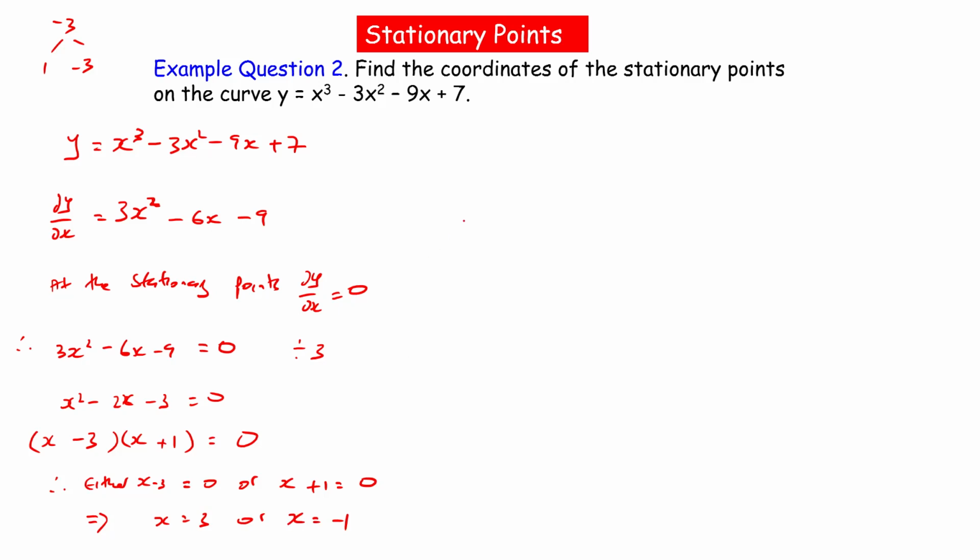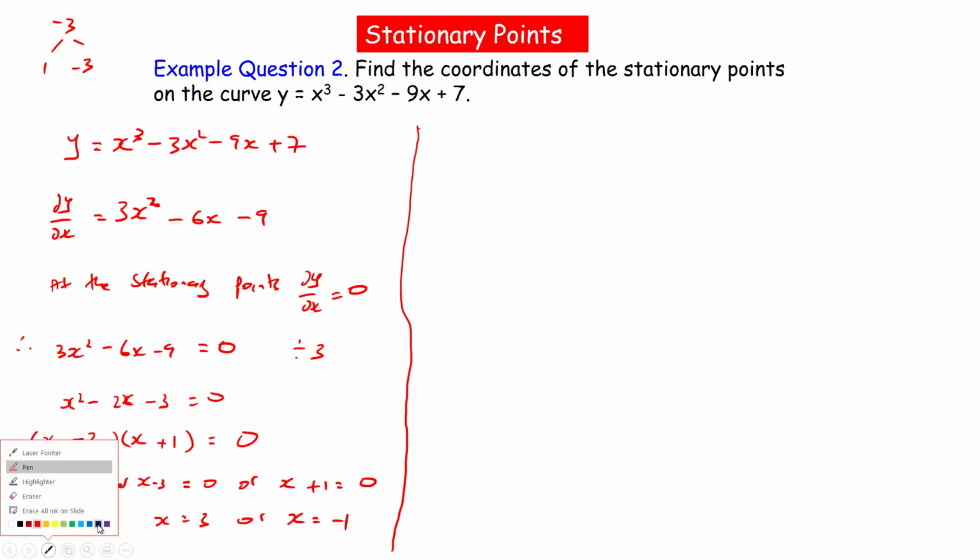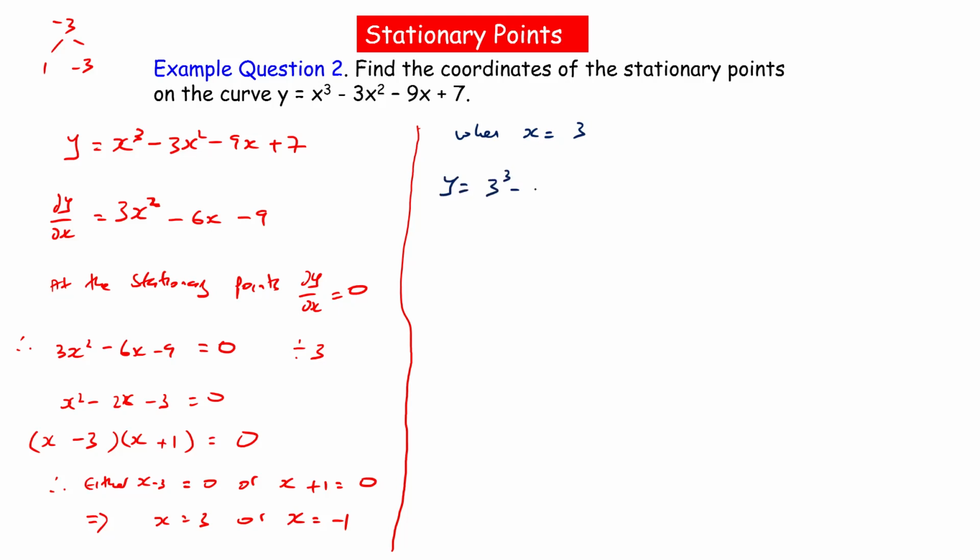Now I need to find the y coordinates. Let's just draw a line here. Switch to blue. So when x is equal to 3, y is going to be equal to 3 cubed minus 3 times 3 squared minus 9 times 3 plus 7.